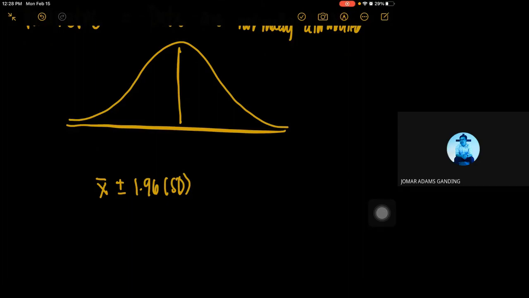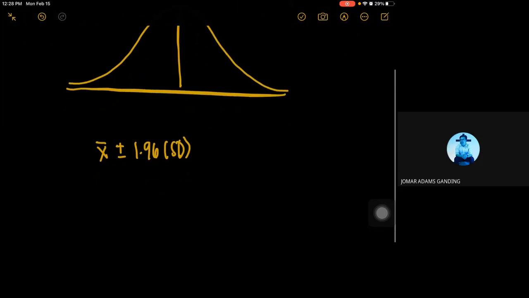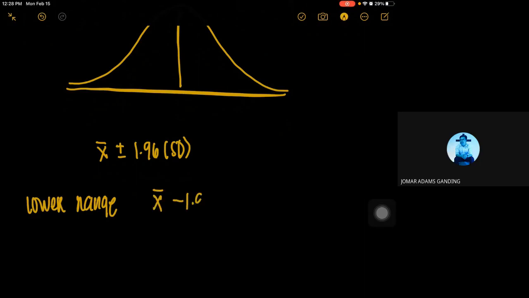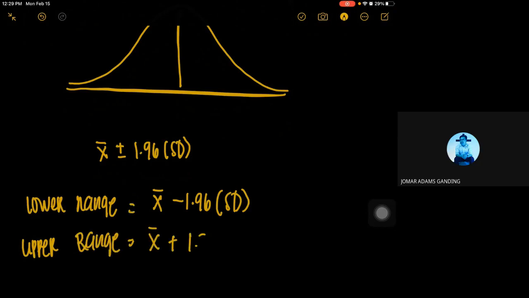You have your upper and lower range for your reference interval. For the lower range, the formula is x bar minus 1.96 times your SD. For the upper range, or the upper limit, the formula would be x bar plus 1.96 times SD.